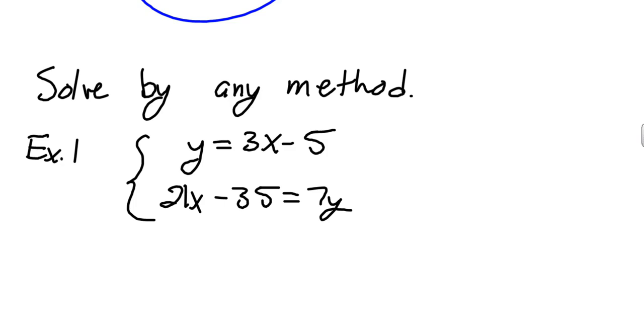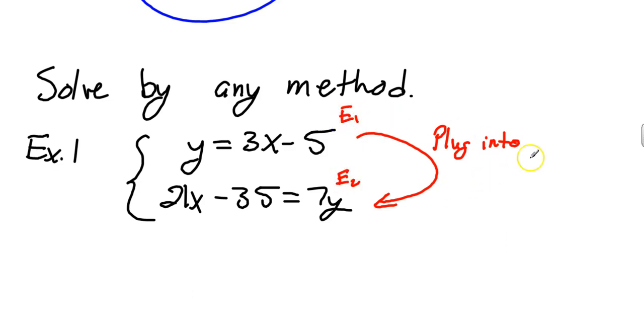But if they already have it so that you have y equals, they've done step 1 for you, substitution might be a little bit quicker with this one. So let's take equation 1 and plug it into equation 2.